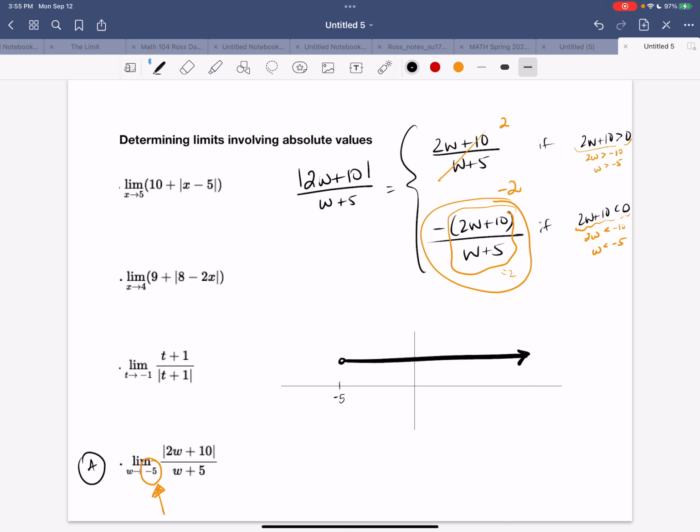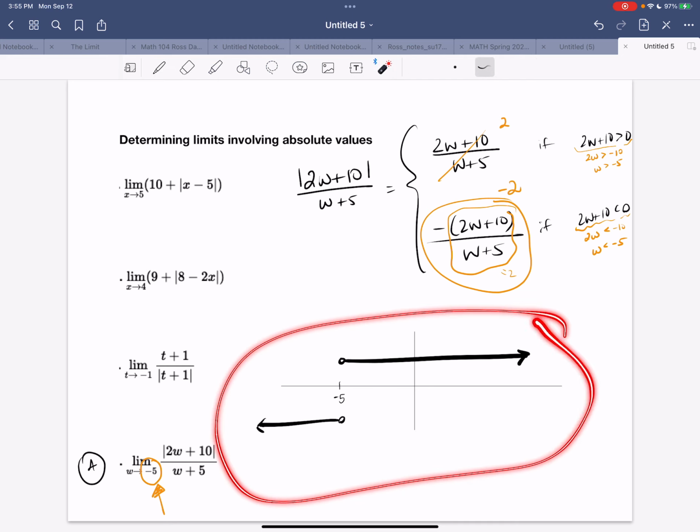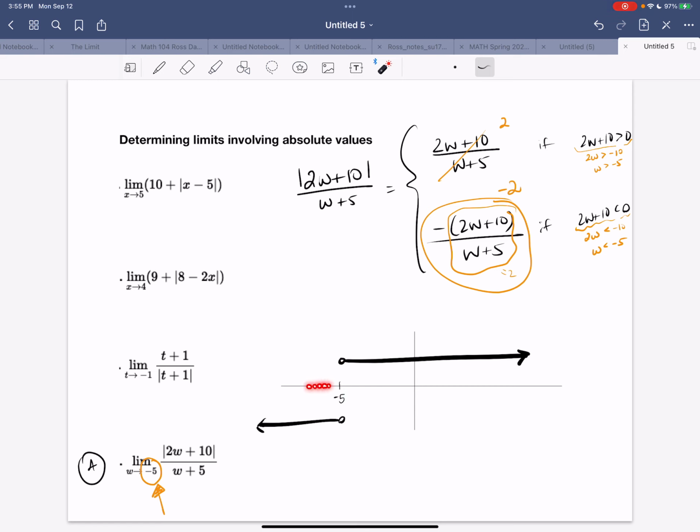And it will be negative 2 if w is less than negative 5. Okay, all right. So this is my sketch of the graph. And as I approach negative 5 from the right, my values approach 2. As I approach negative 5 from the left, my values approach negative 2. So since the left-hand limit is not equal to the right-hand limit, you guessed it, this limit does not exist.